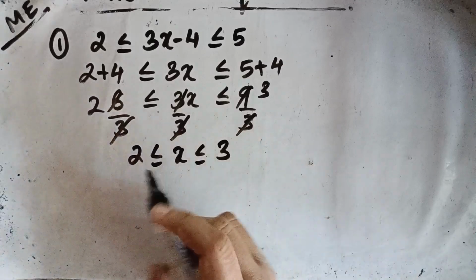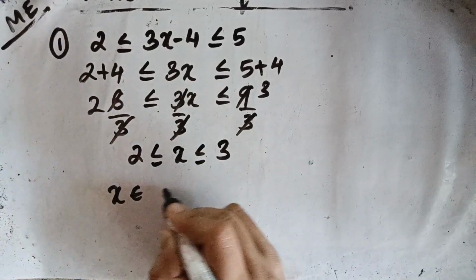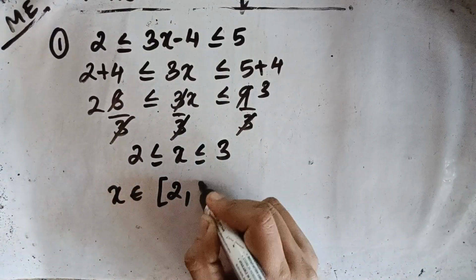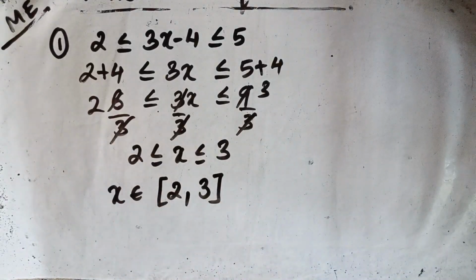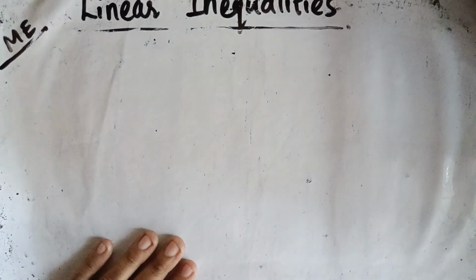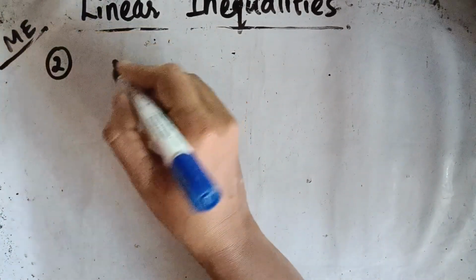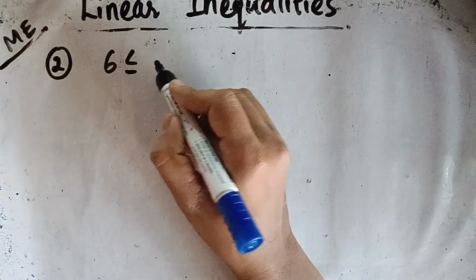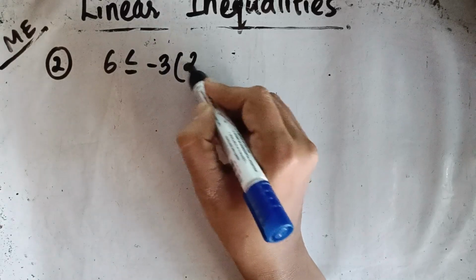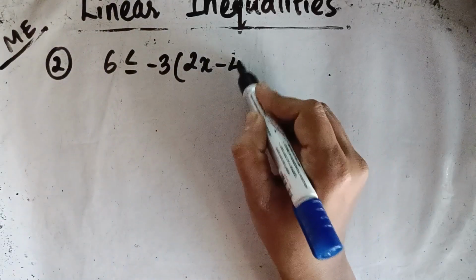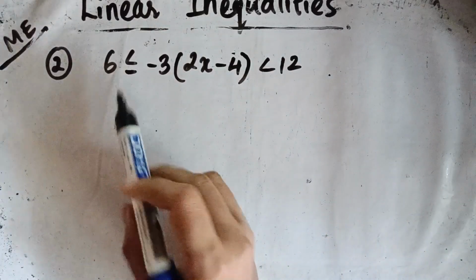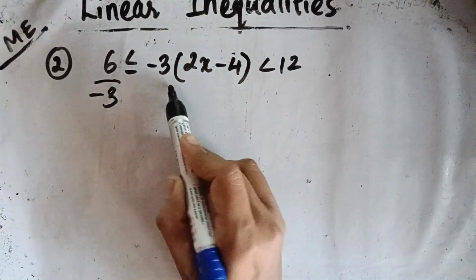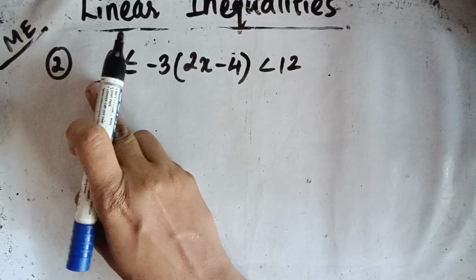Okay. So X belongs to closed interval 2 comma 3. Okay. Next question. So dividing by 3 minus 3. Okay, I'll divide by 3 only.